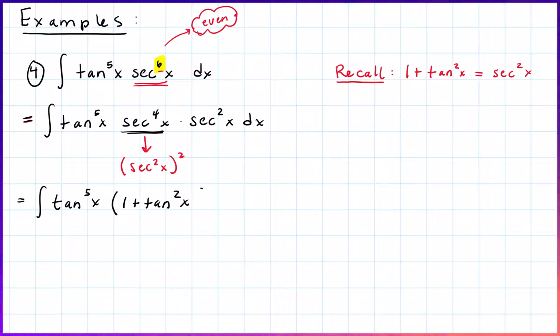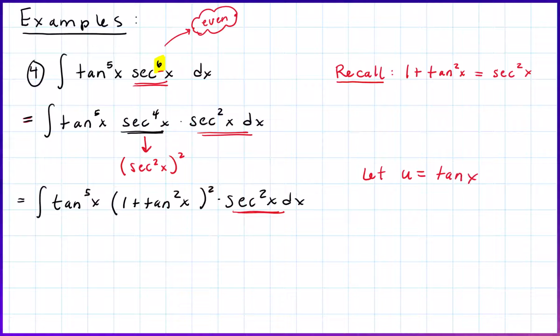And I have this secant squared of x that I've pulled off, and I'm just letting it sort of sit out here for this very next step, where I'm going to say let u equal the tangent of x, because now that I've converted what was left behind, if I let u be my tangent, the derivative du is secant squared of x dx, but I have that secant squared sitting right out here.